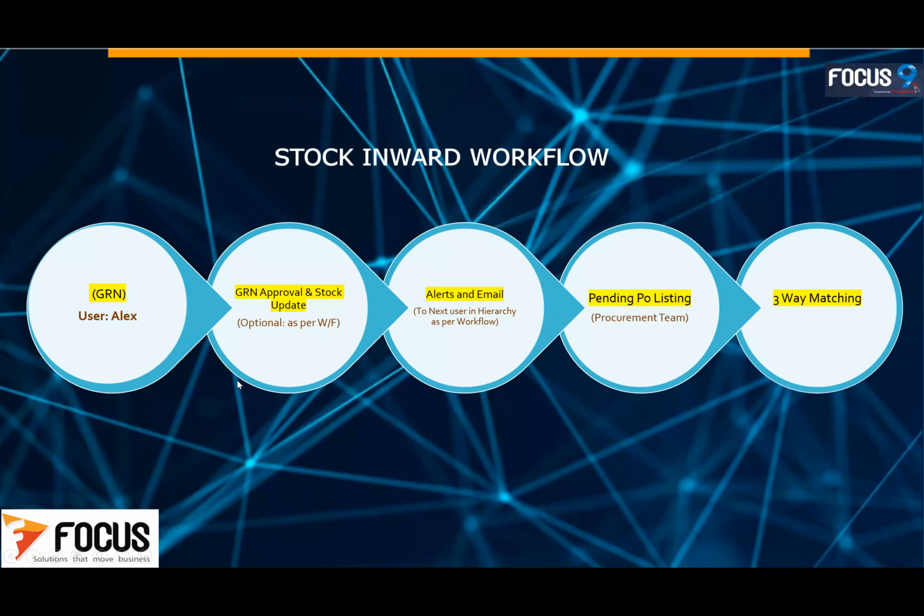On the same note, the next process which Alex would do, obviously, because this first part is done, the stock has come inside the warehouse. Now the next thing, which is the ultimate objective, is fulfillment or supply or shipping to the respective delivery address.